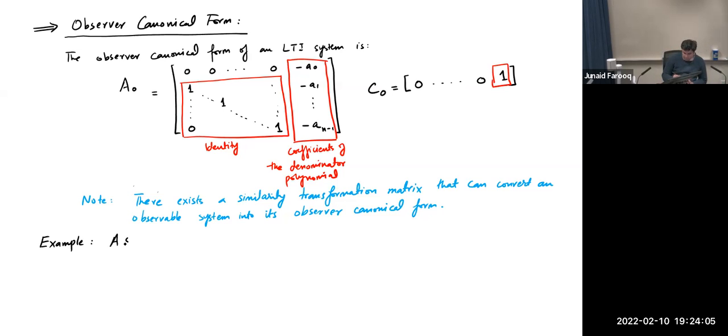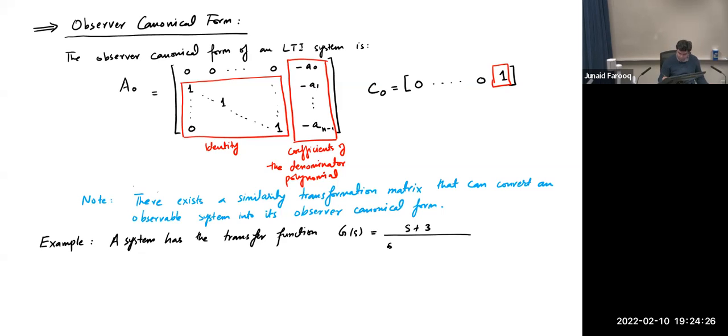So for example, a system has the transfer function given by g of s, and it's going to be s plus 3 divided by s squared plus 3s plus 2. And the question is find the controller canonical and observer canonical form of the system.